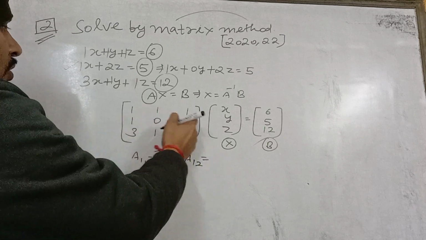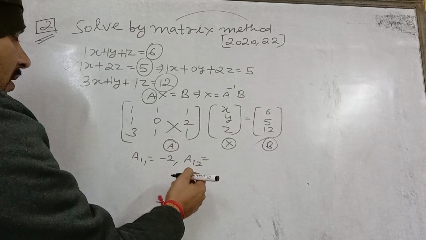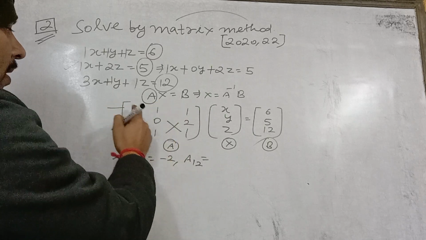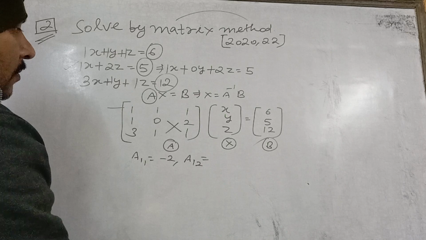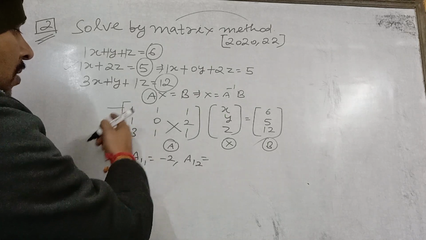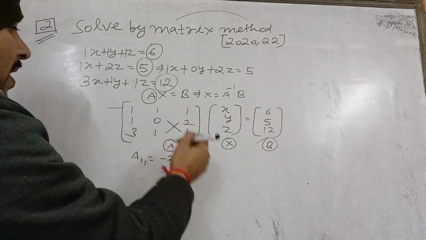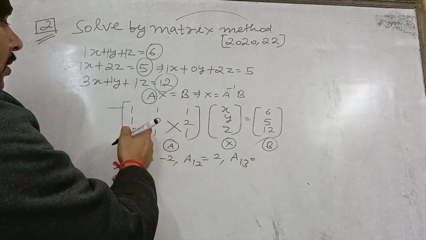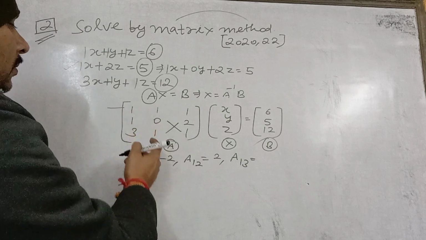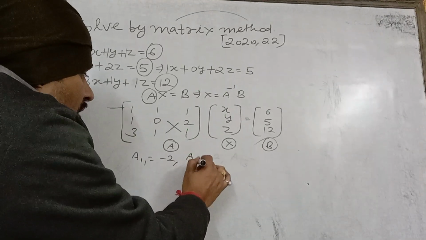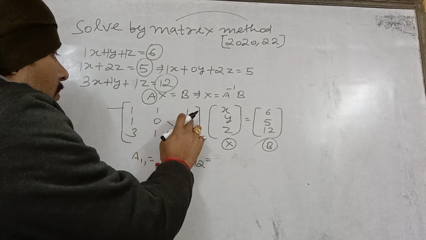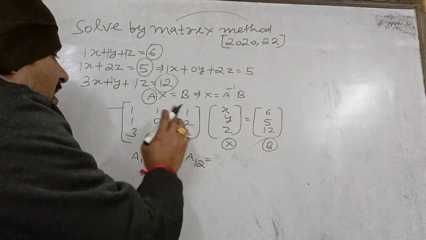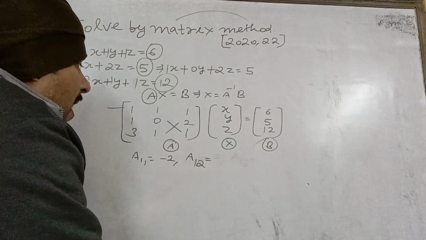A12, first row, second column, it means 1 minus 3 minus 2 plus... So this is 1 minus 6, that is the minus 5.